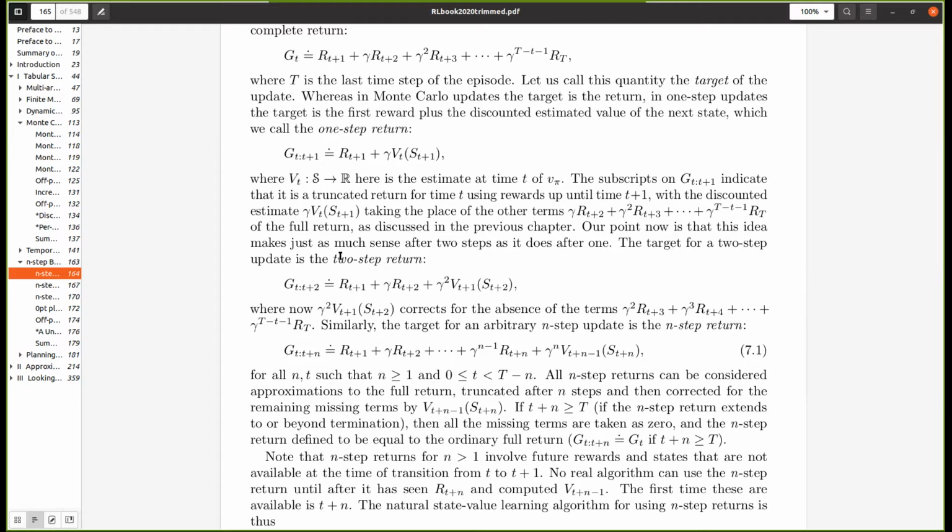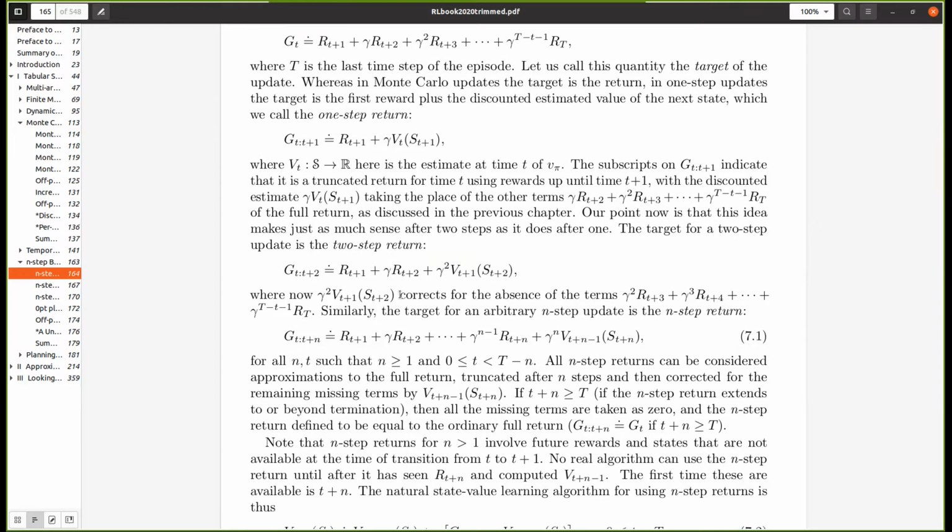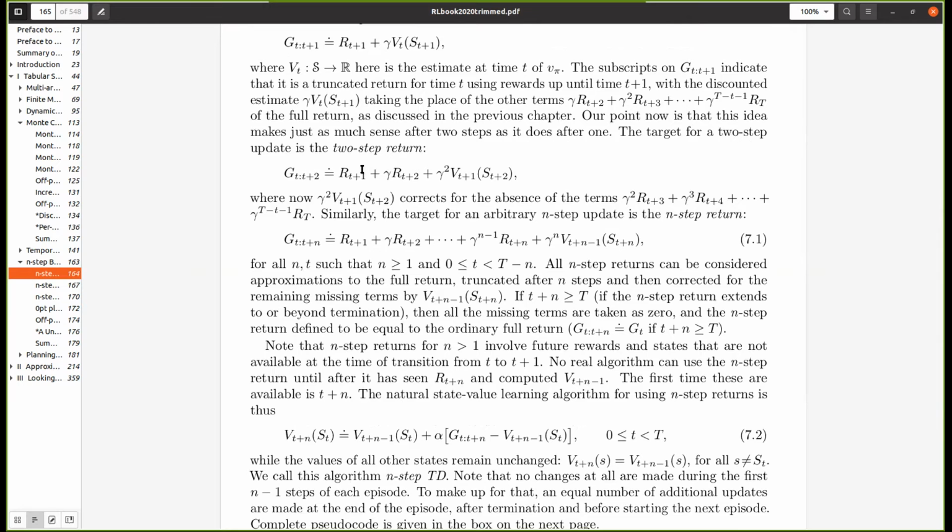And what we can do is unroll this to take basically any number of steps, right? So here is a version for 2 steps.